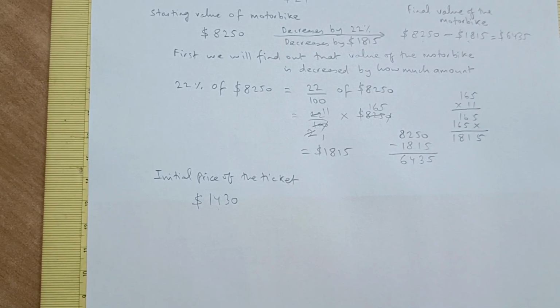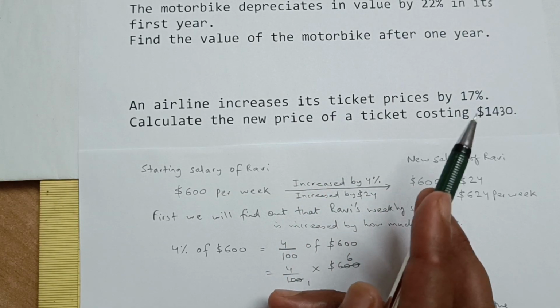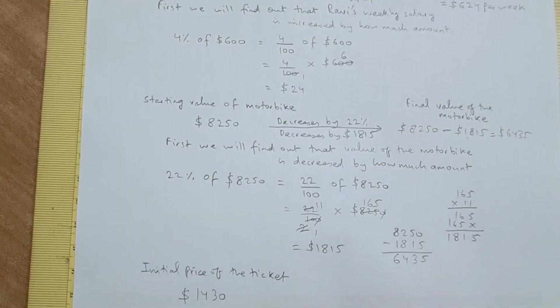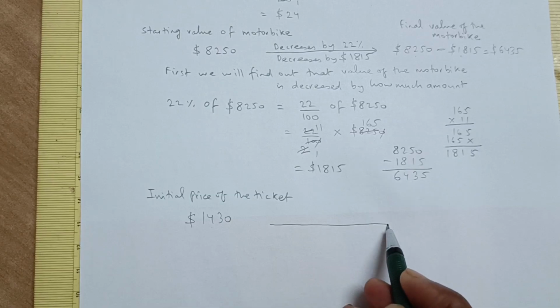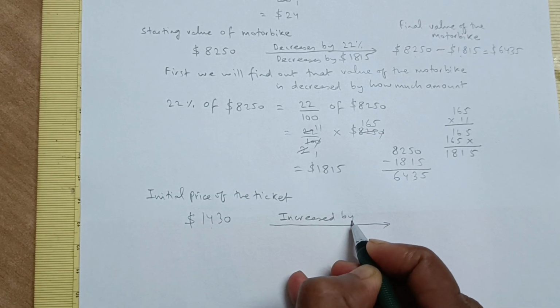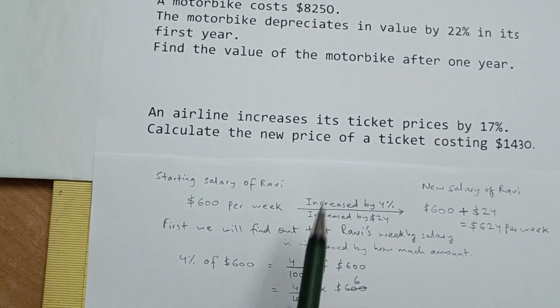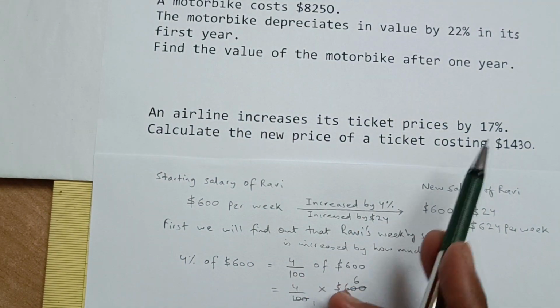Then the airline increases the price of the ticket by 17%. So the ticket price is now increased by 17%.